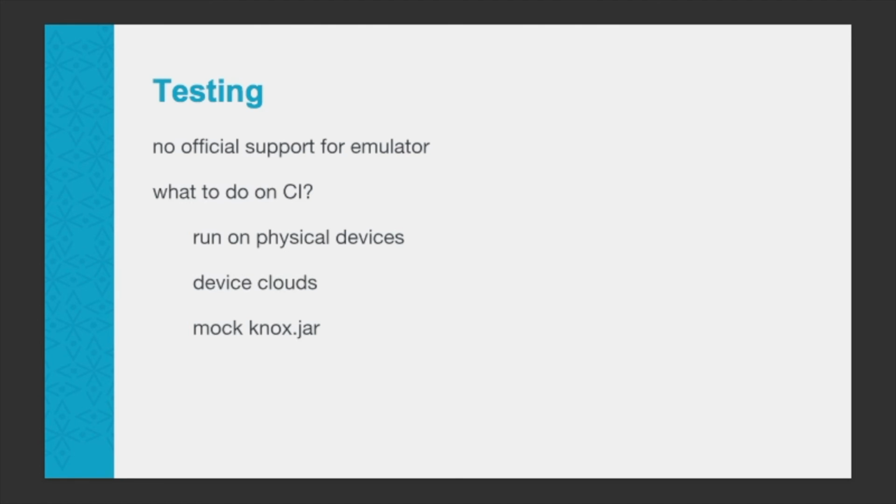Then we took it to the next step, because no one wants a Samsung device. There was a problem when a bunch of developers wanted to work and they have Nexuses and stuff. They couldn't install on the device, so we created a mock variant that also includes this mock Nox jar and mocks all the things that we use in our application.